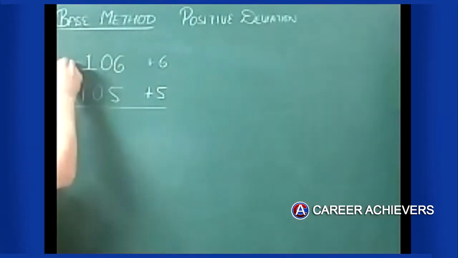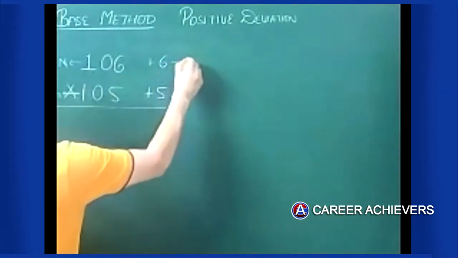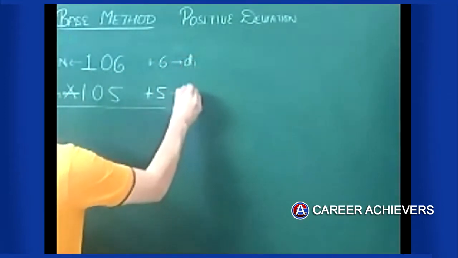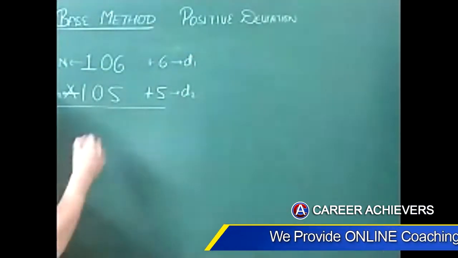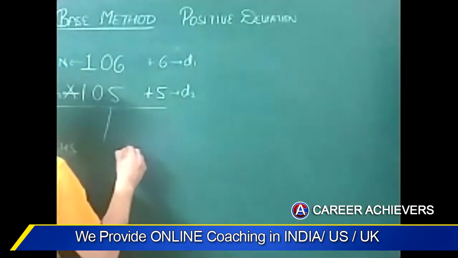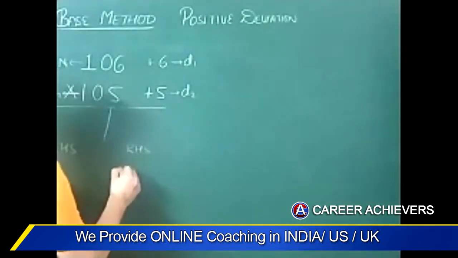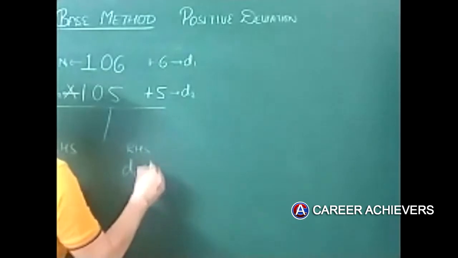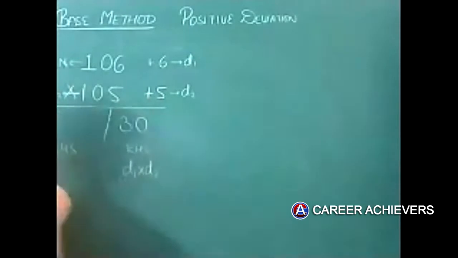I name this number 1, this number 2, this deviation 1 and this deviation 2. I divide my answer in two parts. This I call LHS, which is left hand side, and this RHS, right hand side. RHS is obtained by multiplying D1 and D2. 6 times 5 is 30.